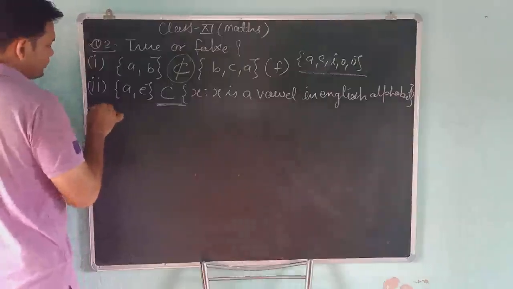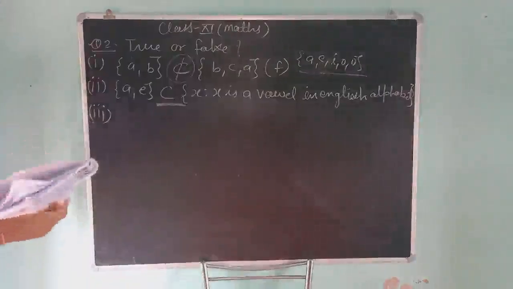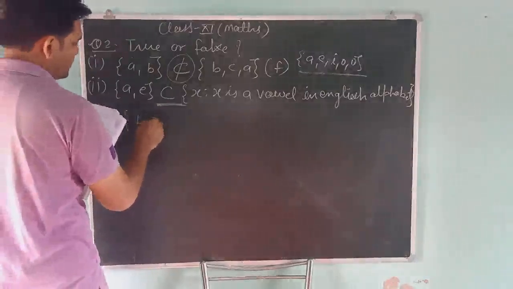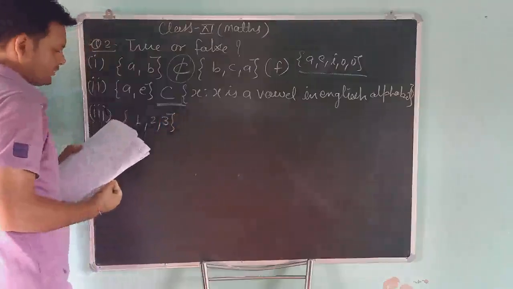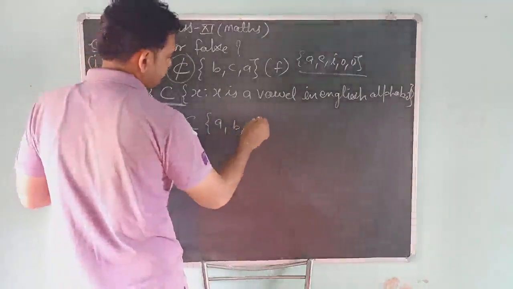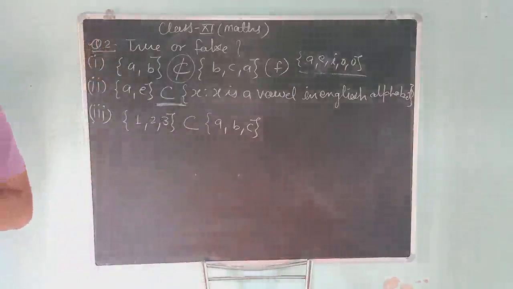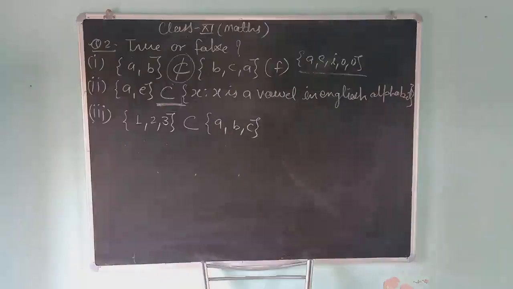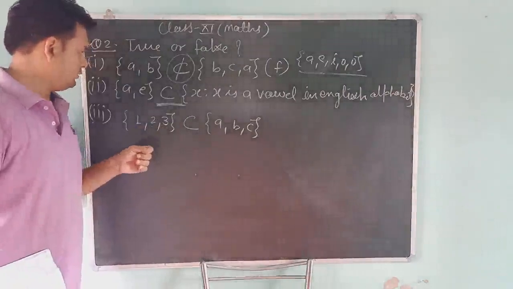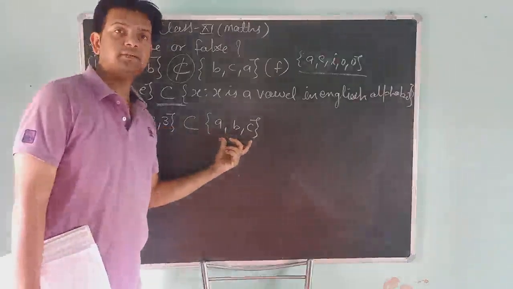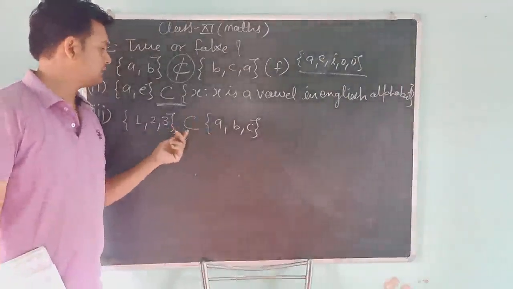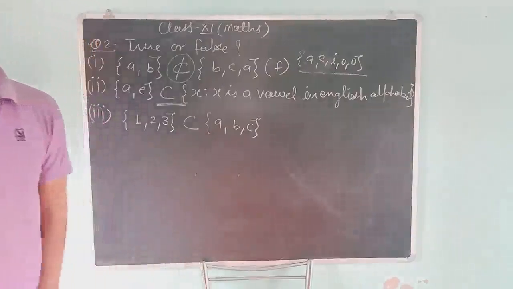Okay students, question number third. The next set is given: 1, 2, 3, and the subset symbol with A, B, C. In the first set, the elements are 1, 2, and 3, and in the second set, we have elements A, B, and C, and the symbol between these two sets is the subset symbol.